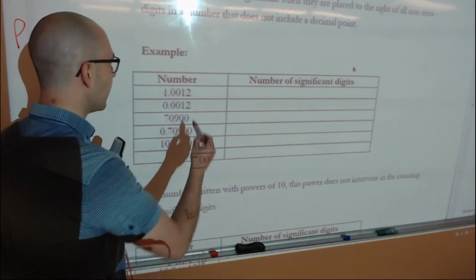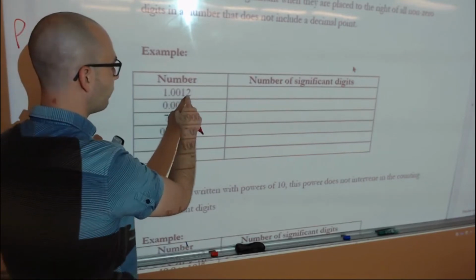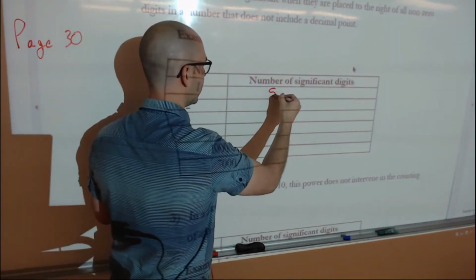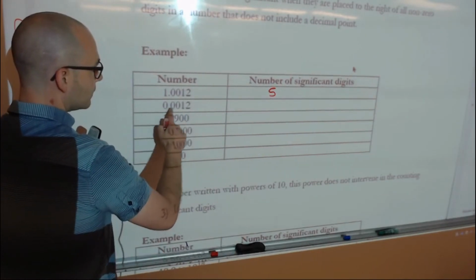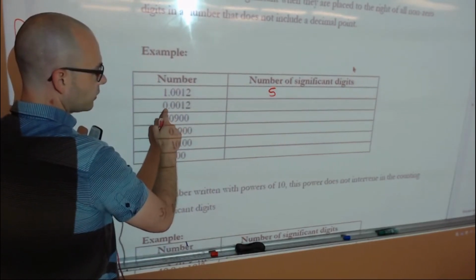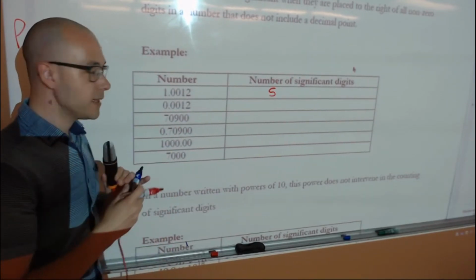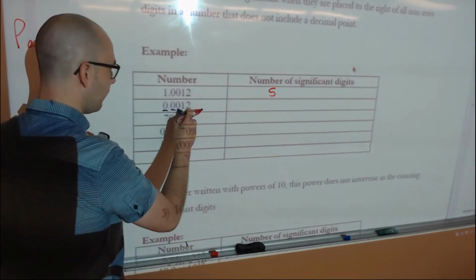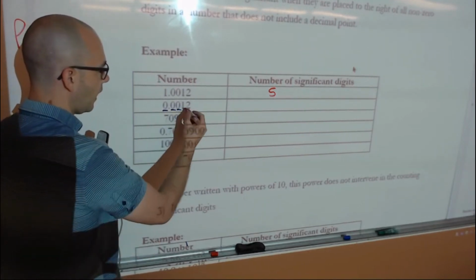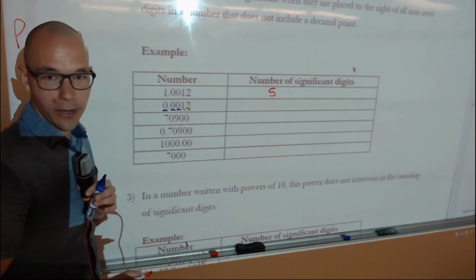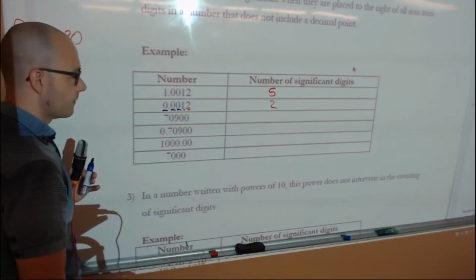So that means that all the numbers are significant. 1, 2, 3, 4, 5. 5 significant digits. Here we got zeros to the left. Zeros to the left do not bother with the decimal point. They're always not significant. So those 3 are not significant, and those 2 are significant. So we only have 2 significant digits.